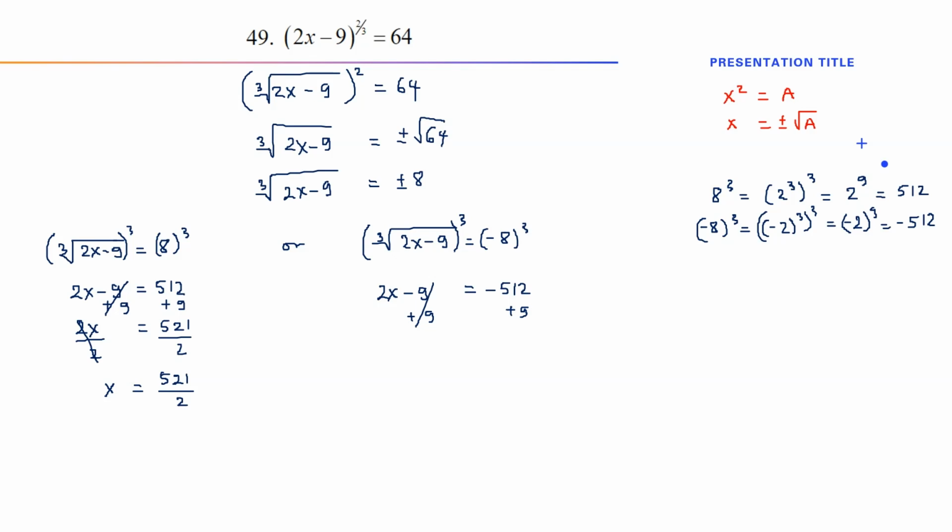We add 9 to both sides, so we have 2x equals minus 503. We divide both sides by 2. x equals negative 503 divided by 2.